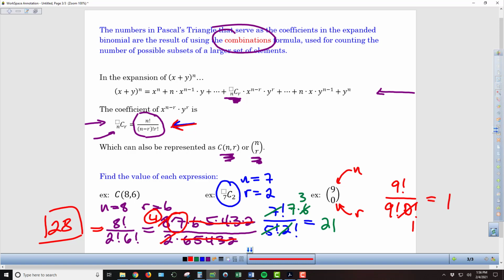And so each of these expressions corresponds to a coefficient or a number in Pascal's triangle, or a coefficient in our binomial expansion. So for example, when we look at C(8,6), we go to the 8th row of Pascal's triangle, starting with the top row being 0 and working our way down.